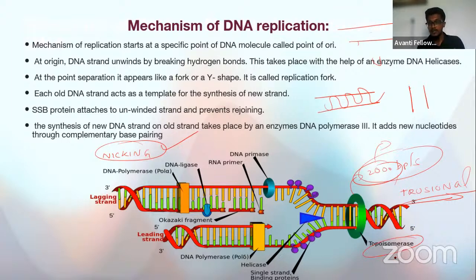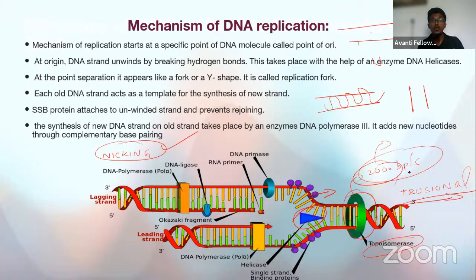A topoisomerase in prokaryotes and a gyrase in eukaryotes. So what it will do is start relieving this torsional stress. This relief of the torsional stress will make sure that the DNA will not break. So where is the topoisomerase? If helicase is this, which is moving in this direction, the topoisomerase is the one enzyme that is before helicase.